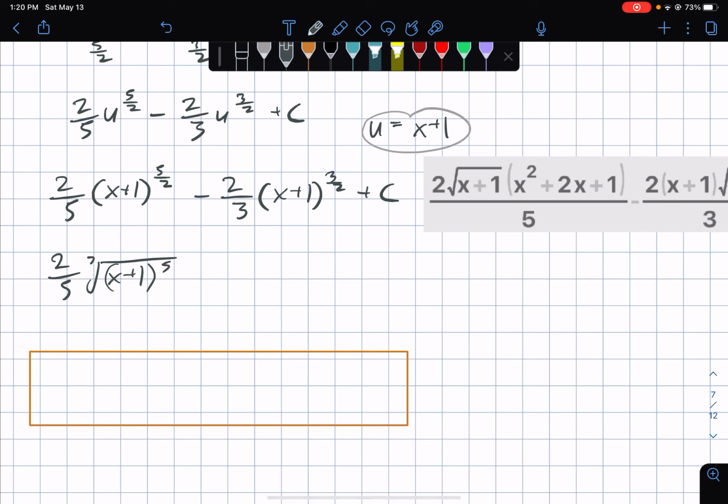This is 5 and this is 2. X plus 1 raised to 3, and then this is gonna be 2, and then 2, and then 5.